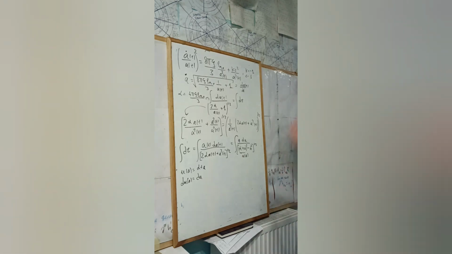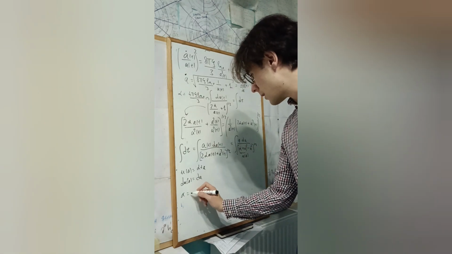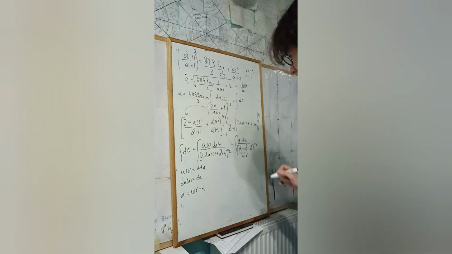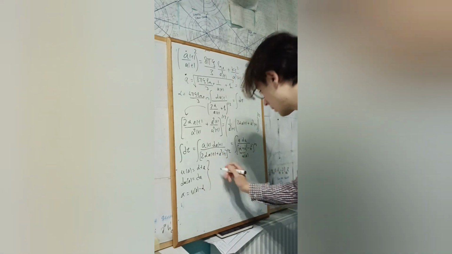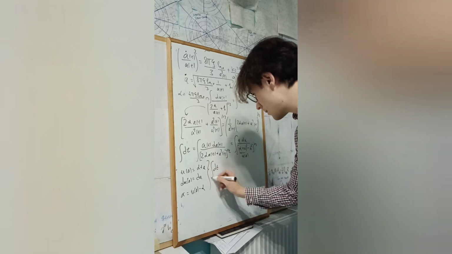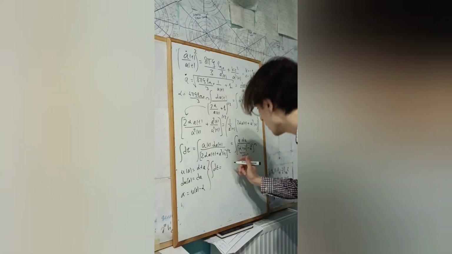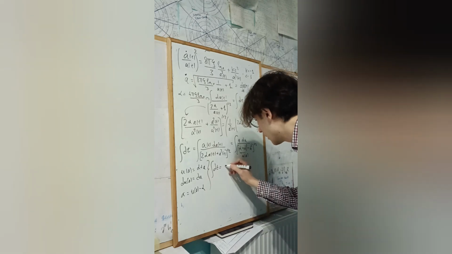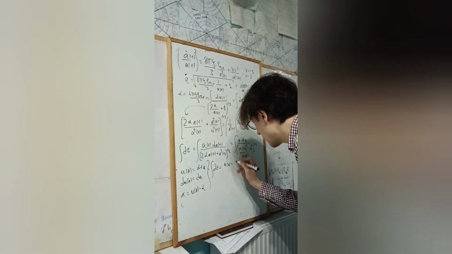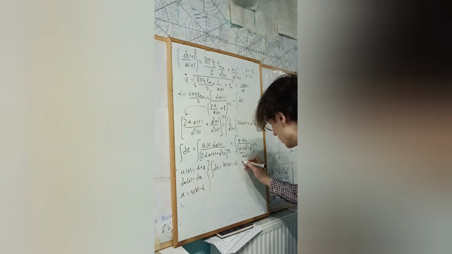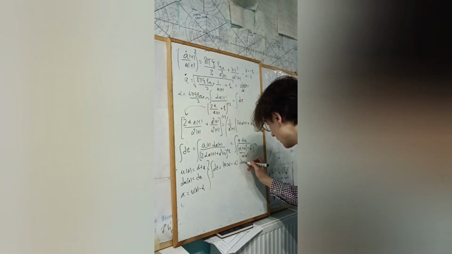Is there anything we need more? Oh yeah, a itself is U of a minus alpha. With these definitions, the integral reads as follows. U of a minus alpha, the dA equals du of a.